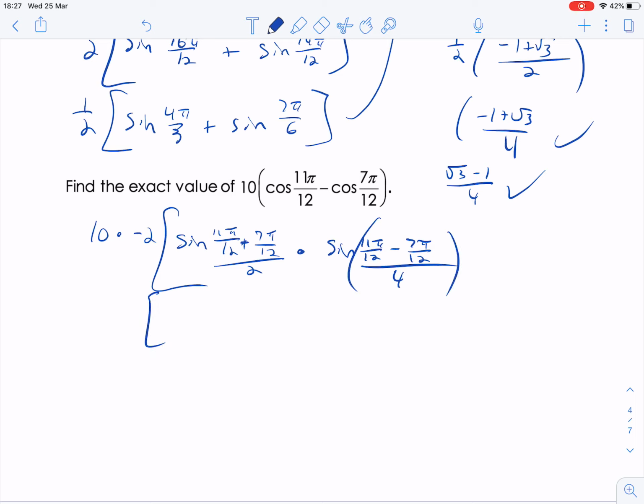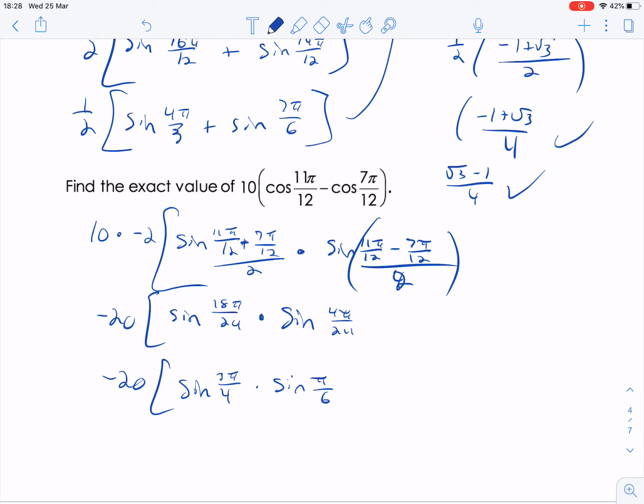And then we get negative 20 times sine of 18 pi over 24 times sine of 4 pi over 24. Oops, that's supposed to be 2. So we get negative 20 times sine of, let's reduce this, 3 pi over 4 times sine of pi over 6.